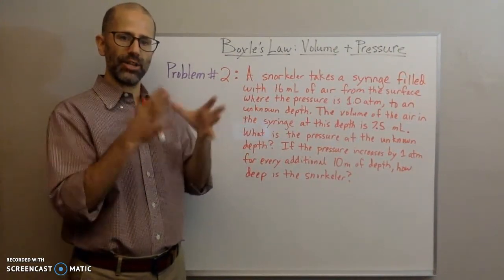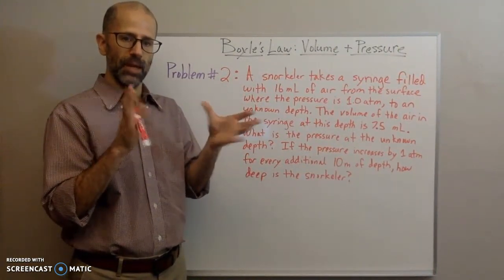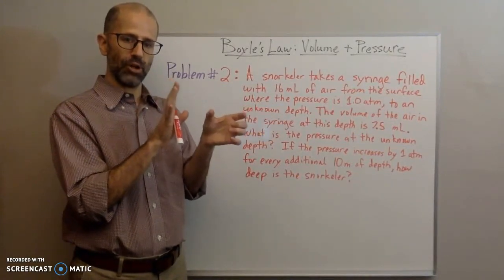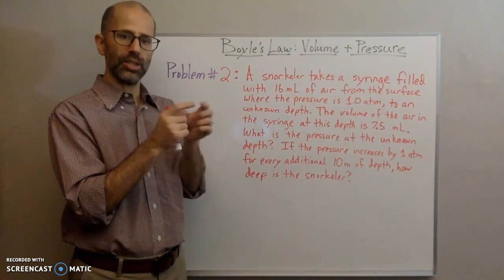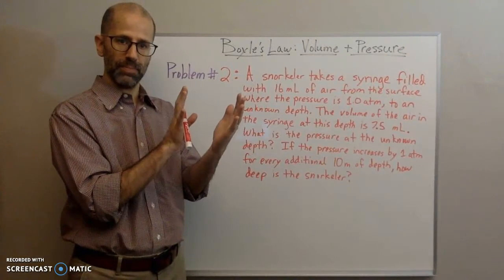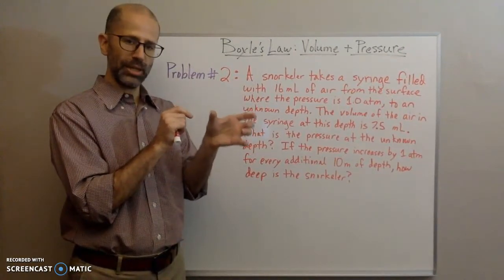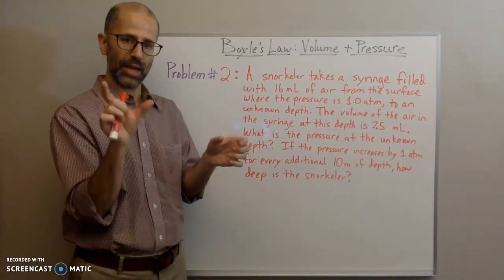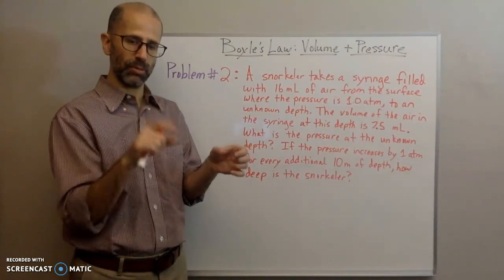So the higher the outside pressure, then it's going to push in the syringe and decrease the volume of the gas in the syringe until the pressures are equalized, and then the syringe will stop. So the pressure inside the syringe is always going to be equal to the pressure on the outside.